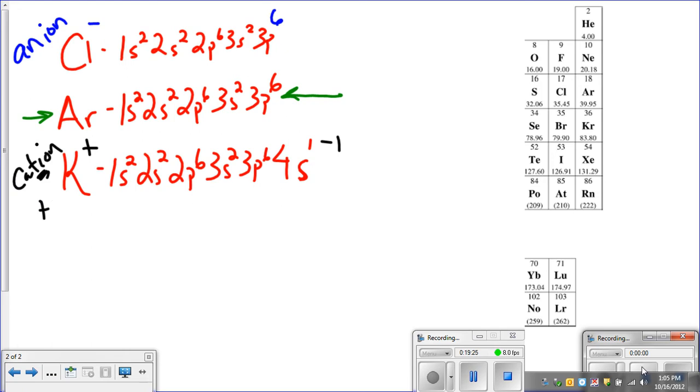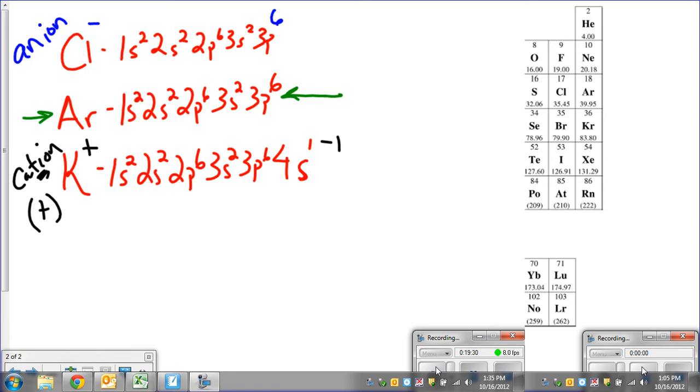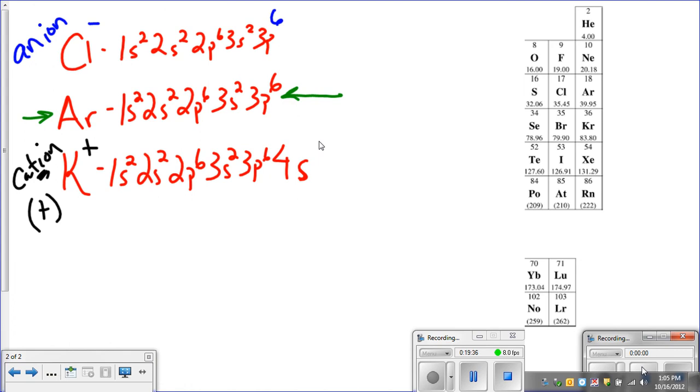Cat has a T in it. T's are positive. Cations are positive. Anions are negative. When it loses that last electron from its outermost orbital, it's not as though that orbital necessarily goes away. It's still make-believe there. It's just nothing's in it.